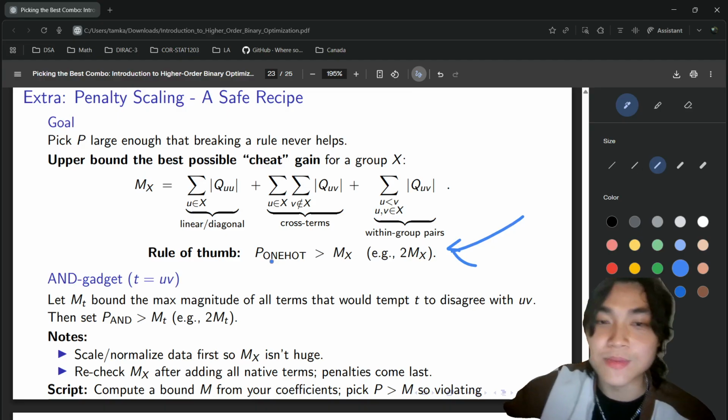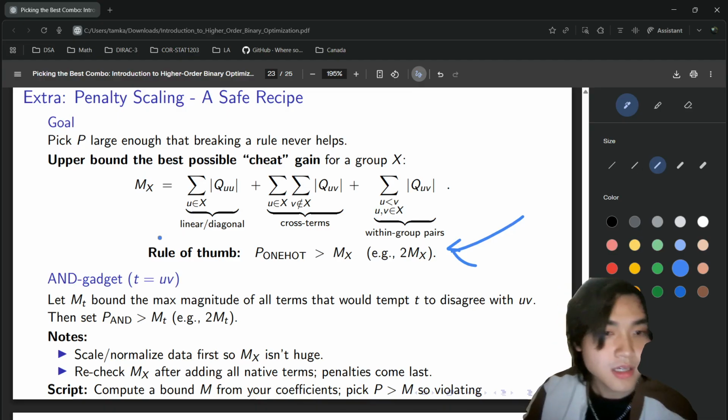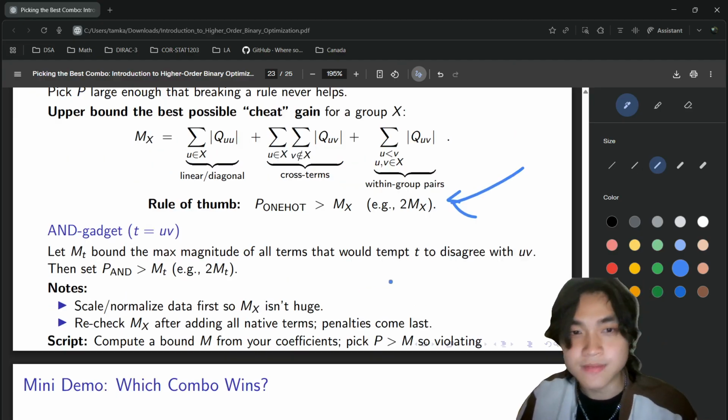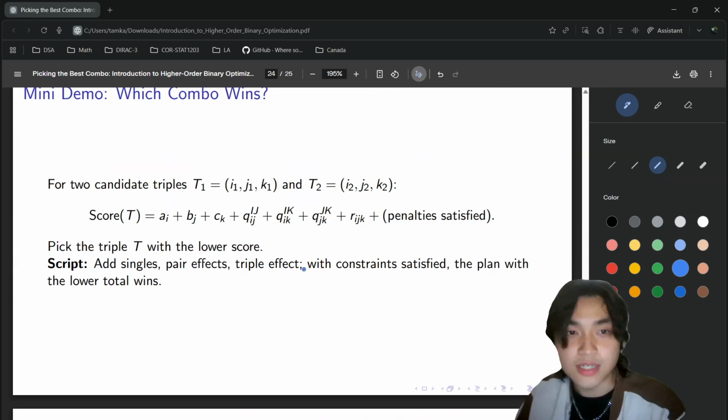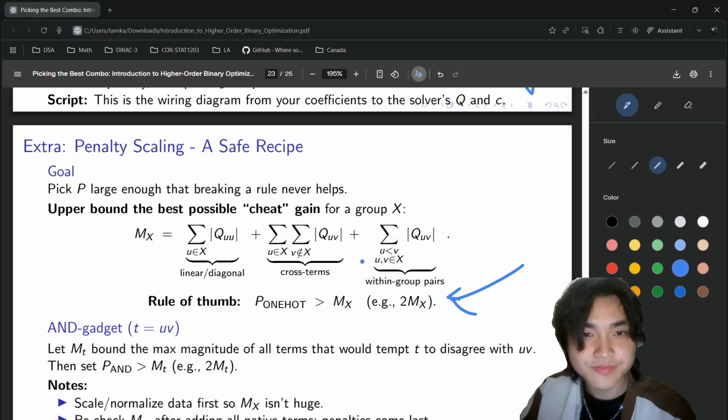So the penalty has to be higher than the maximum objective function without it. So I think that's it. When we actually implement it, we just anyhow put one. But this will work. This is the worst-case bound.